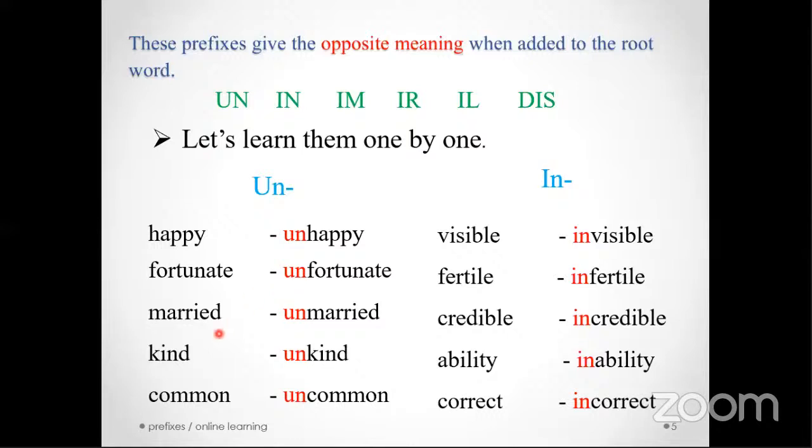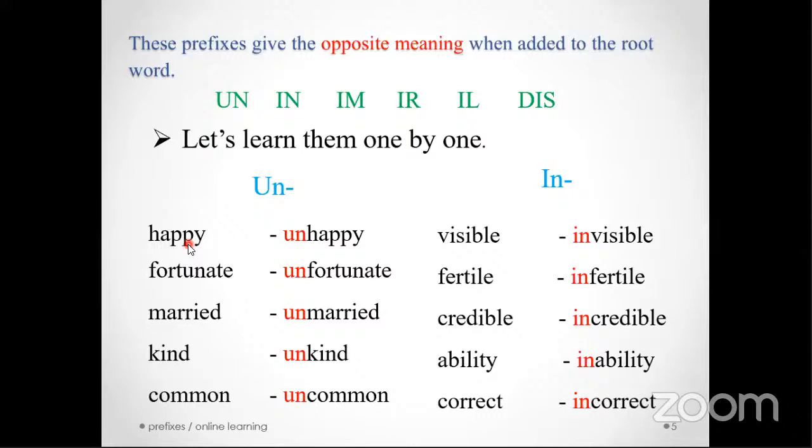The third one is married, and with un it is unmarried. Next one, kind, becomes unkind. Next word is common, with the prefix it becomes uncommon, right? Now let's go to the meanings.